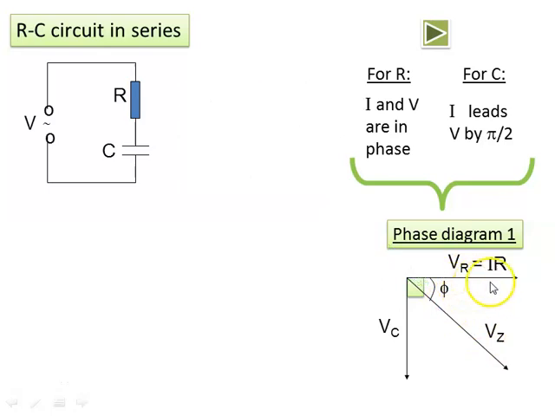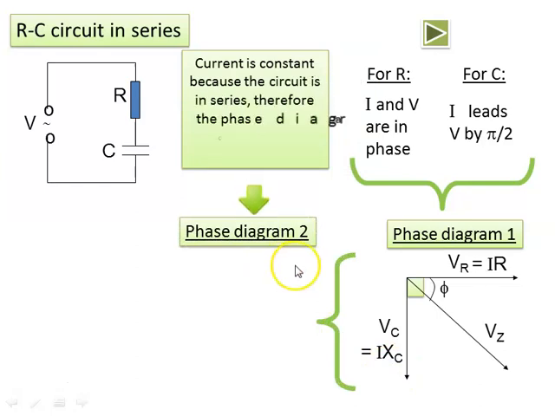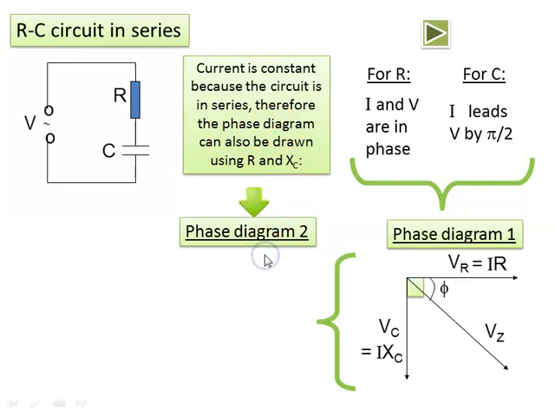VR is equal to IR and VC is equal to IXC. XC is the reactance, capacitive reactance. Because current I is constant, the phase diagram can also be drawn using R and reactance.